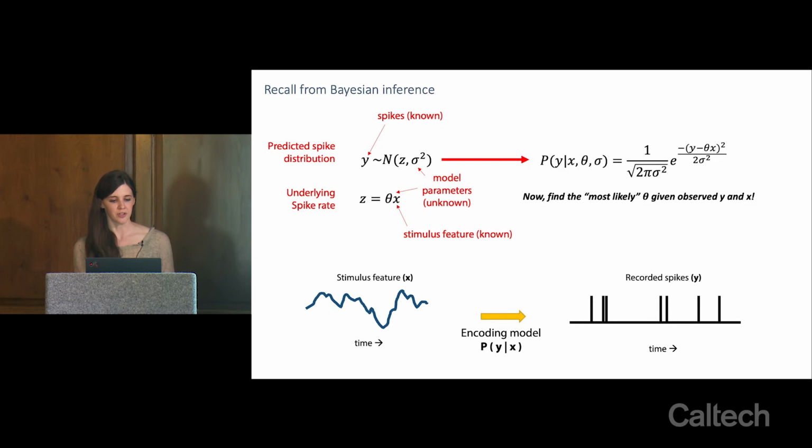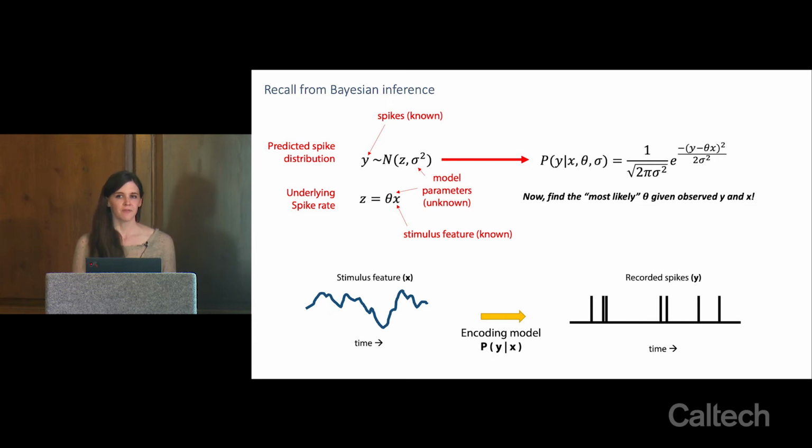So your spikes are known and your stimulus features were known, and you were fitting some model parameters. And maybe you had some Poisson observation model for how the underlying spike rate was being translated to the firing rates of individual cells. And then what we did yesterday was find the most likely value of the parameters that translated our stimulus into our spiking of neurons.